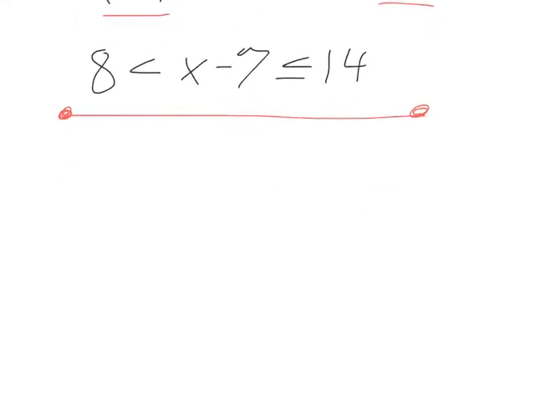Pull it up to the top. And the way you do these is you solve from the middle point out, okay? So whatever you do to the middle of the inequality needs to be done to the two outside pieces too, okay?